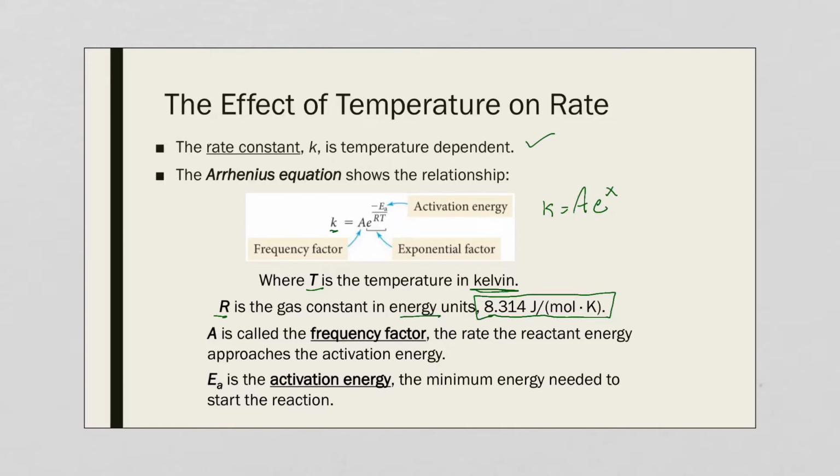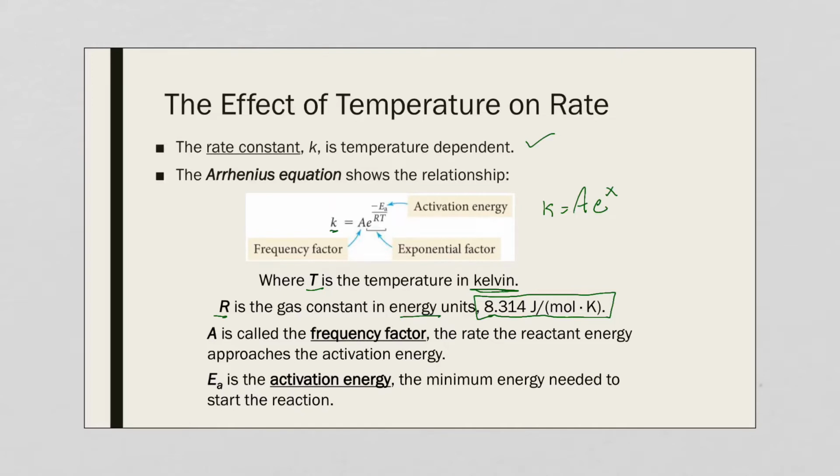Now, again, A is the frequency factor. In basic idea, and again, I'll talk about this in more detail, it's the rate the reactant energy approaches the activation energy. So it's how often the reactants try to make products, if you will. Now, E sub A, again, is this concept called activation energy.